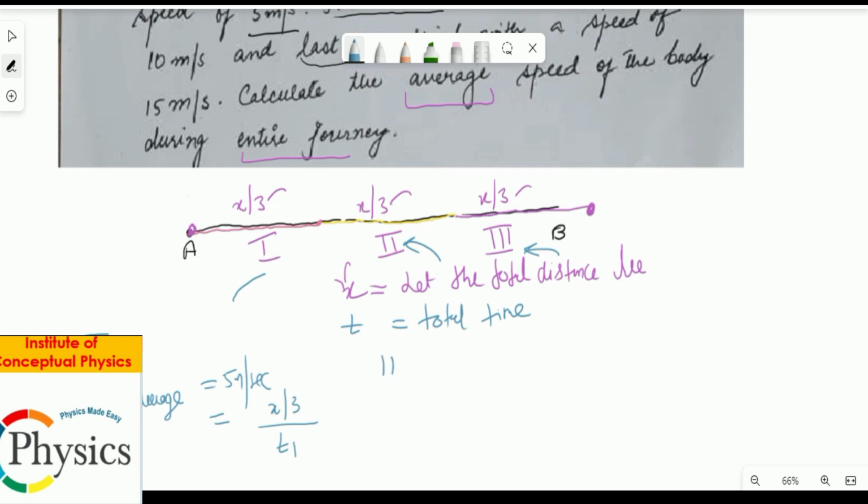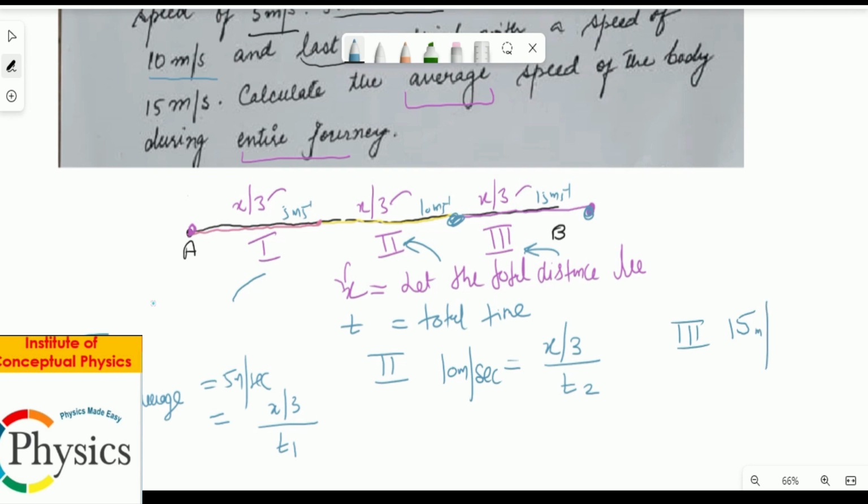Let's talk about the second part of the journey. The average speed is 10 meters per second, again the distance is x/3, and we don't know the time, so we write it as t2. The third part of the journey, which starts from here and ends here, again has a known speed. The average speed here is 15 meters per second, here it is 10 meters per second, and here it is 5 meters per second.